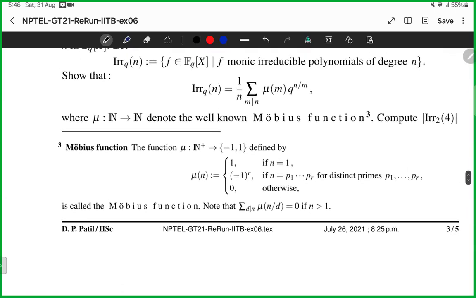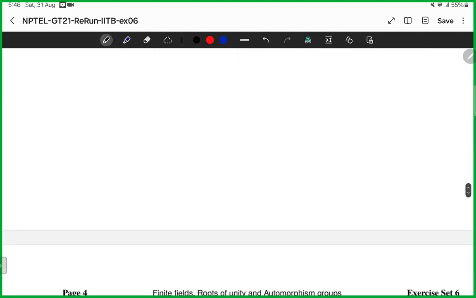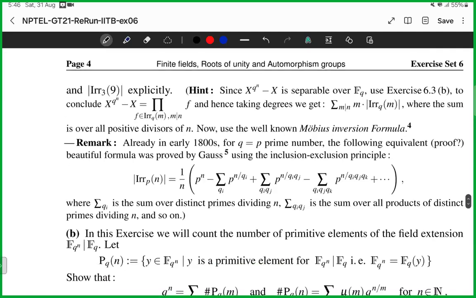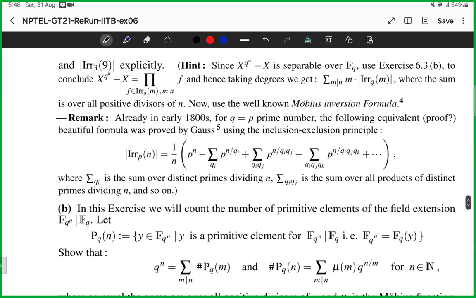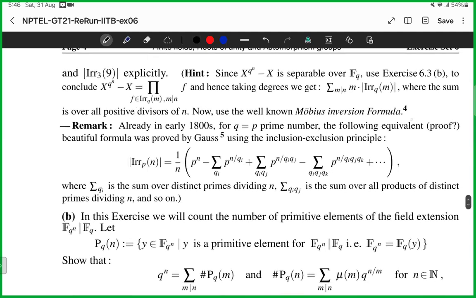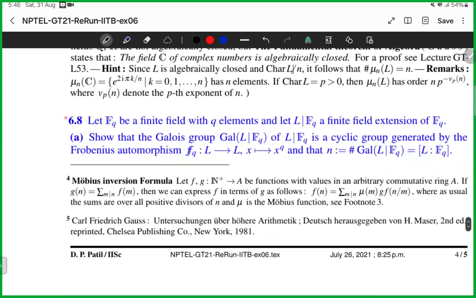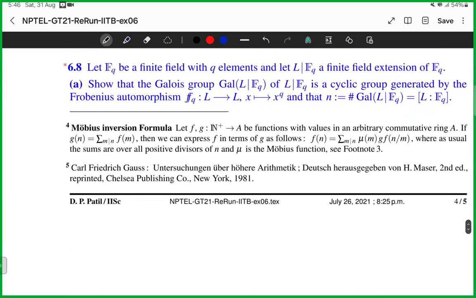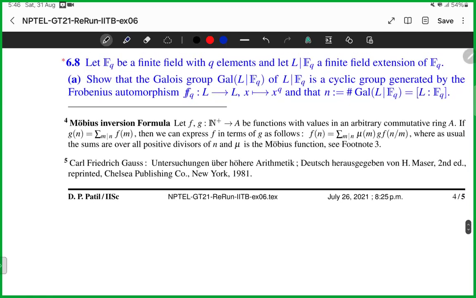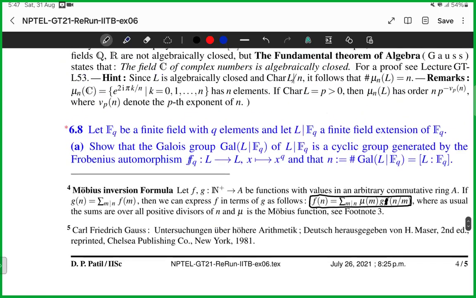Why are we getting 1 by n? That's not clear.